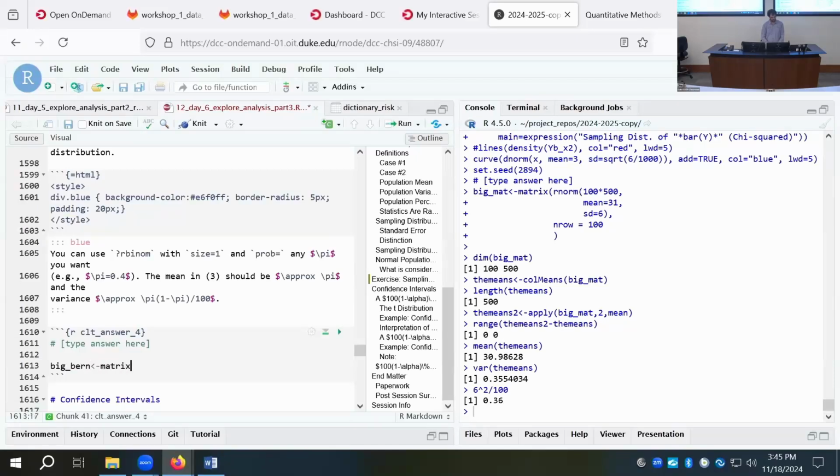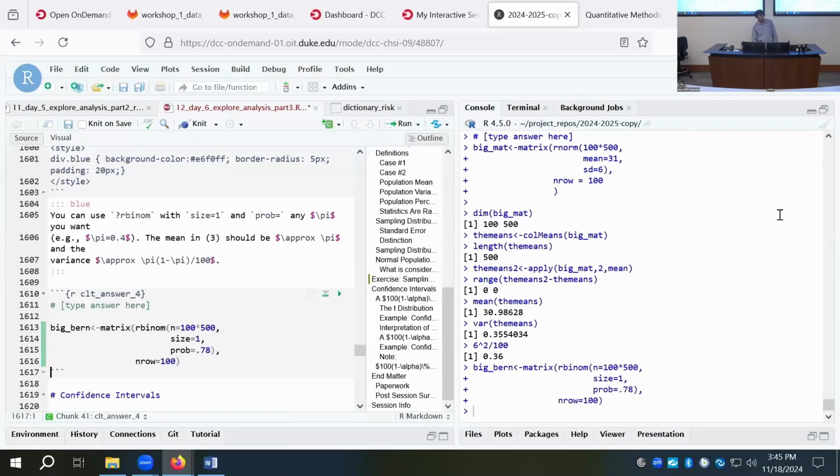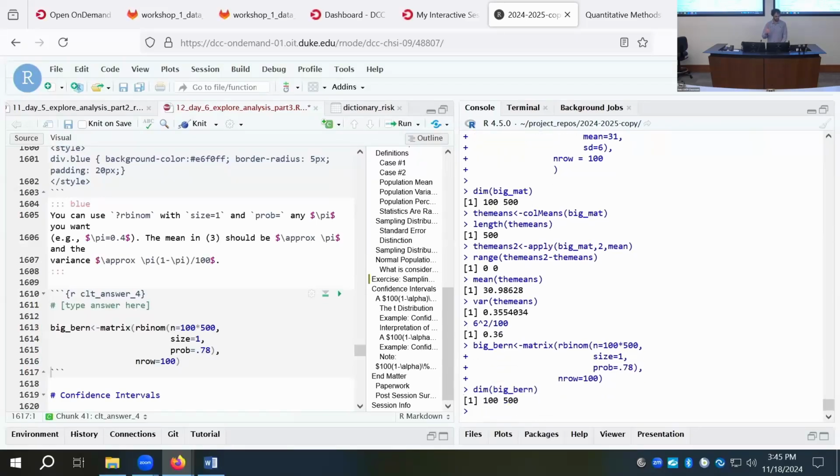We're going to do matrix, rbinom, with n equals 100 times 500, size equals 1, prob equals 0.78, and number of rows equals 100. So this is going to give us 100 by 500.